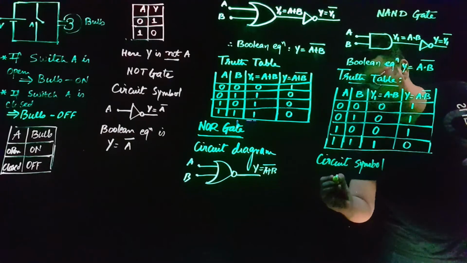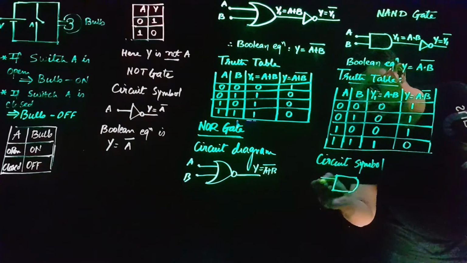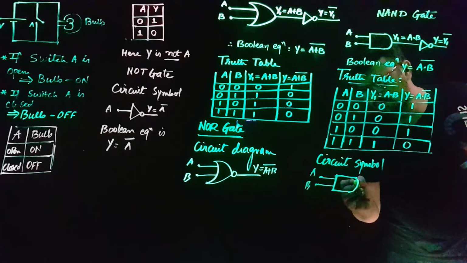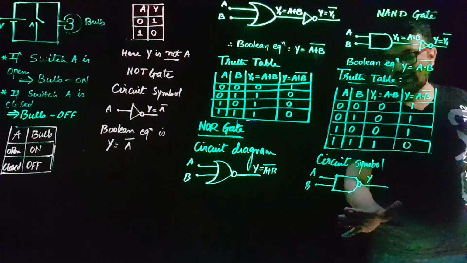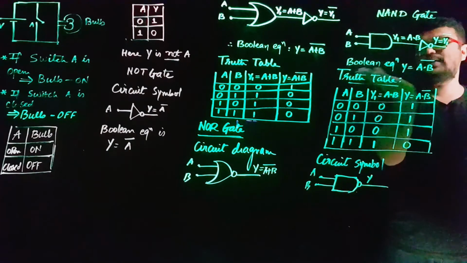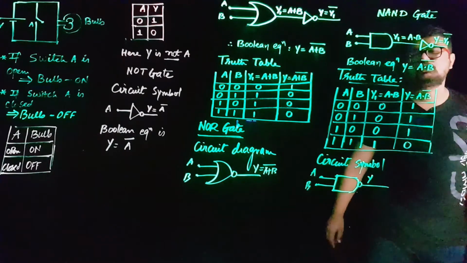So here we have an AND gate, two inputs A and B, and here we'll have a small bubble, and here we'll have Y. Right, this is the circuit symbol for NAND gate. This is its Boolean equation, Y equal to A dot B whole bar or A and B whole bar, and this is its truth table, right?